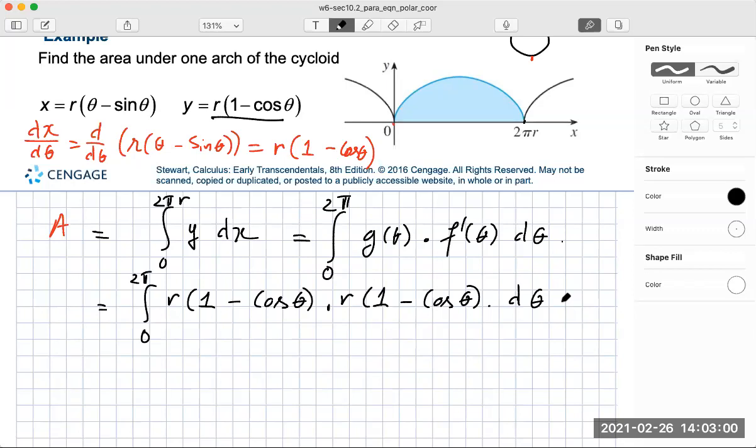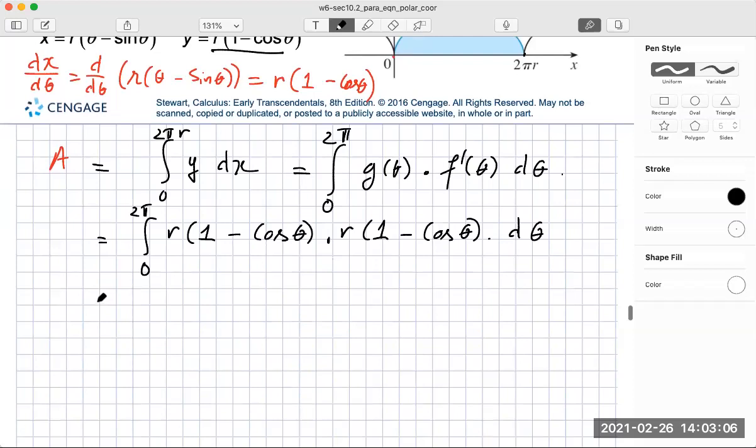Okay, now it becomes an integral of a simple integration. This guy, how can we solve it? This guy and this guy are simply a number, right? You can take it out of the integration. Therefore, we can write it as r squared times the integral from 0 to 2 pi.